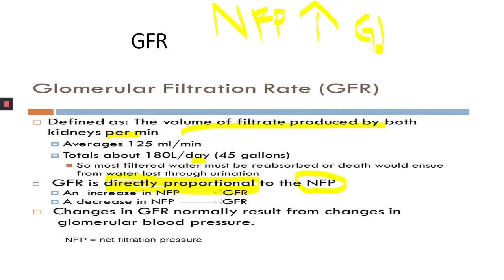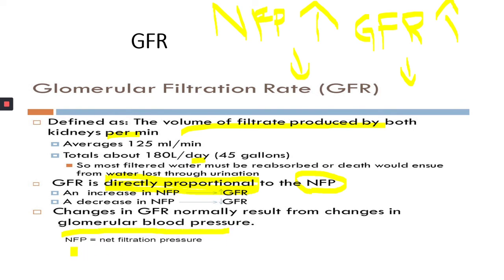An increase in NFP increases the GFR, and a decrease in the NFP also decreases it. Changes in GFR normally result from changes in glomerular blood pressure. NFP is the full form of net filtration pressure.